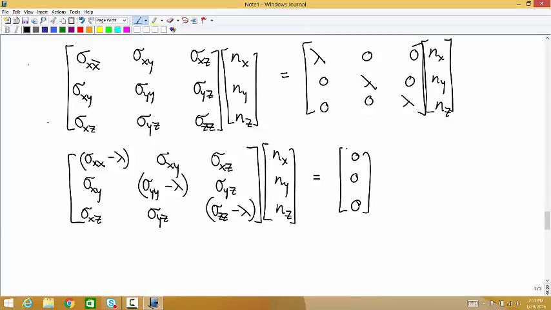And if you want to find a non-trivial solution to this, that left matrix has to be non-invertible.